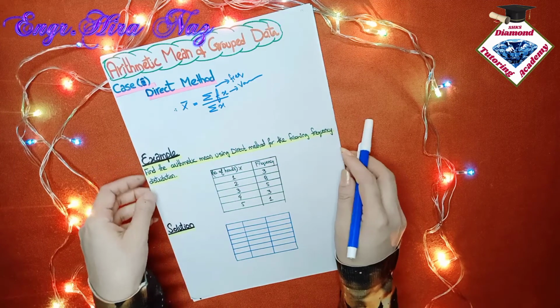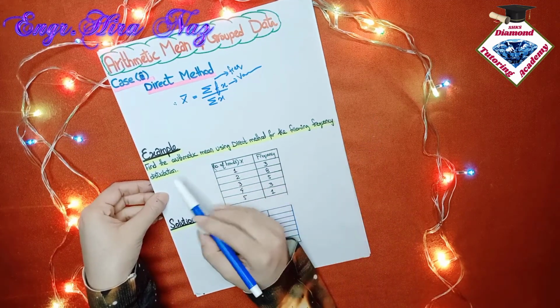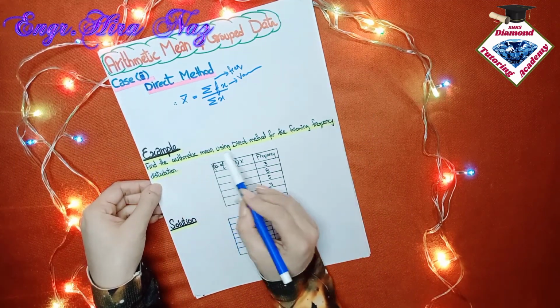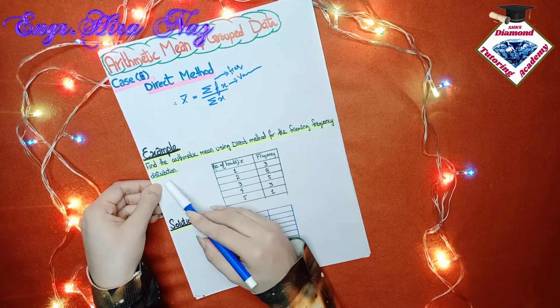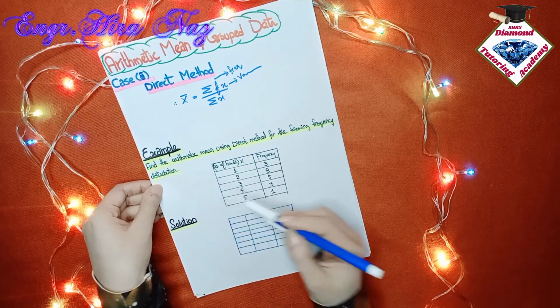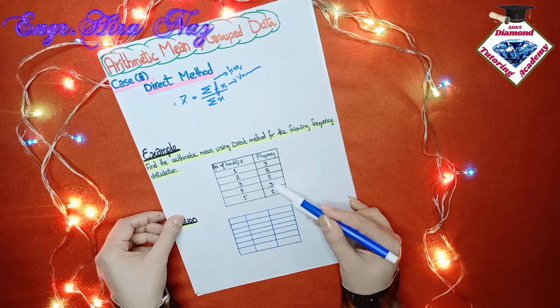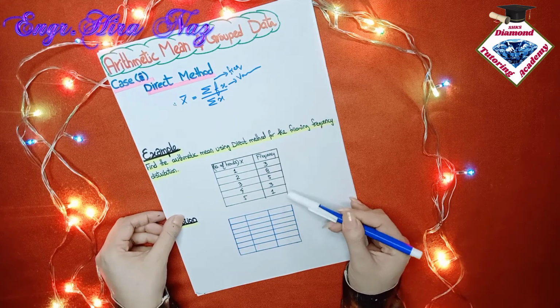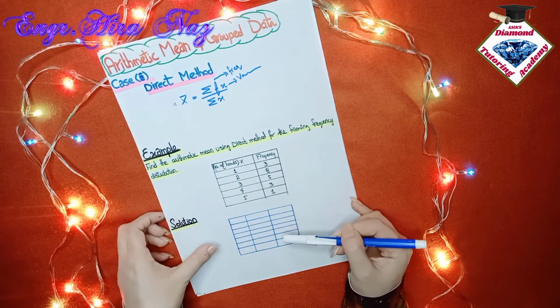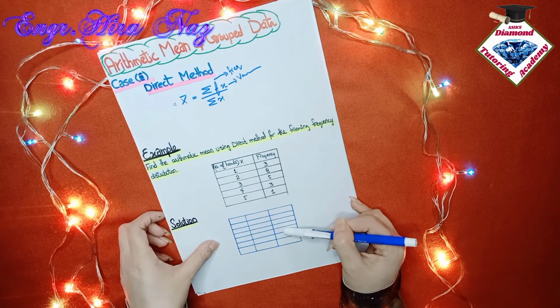Understand? Let's start with an example which says find arithmetic mean using direct method for the following frequency distribution table. So here we are given some grouped data and we have to calculate their mean. Let us reconstruct this table to add more columns.